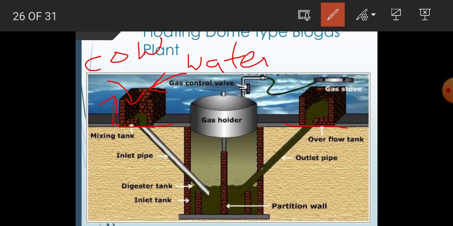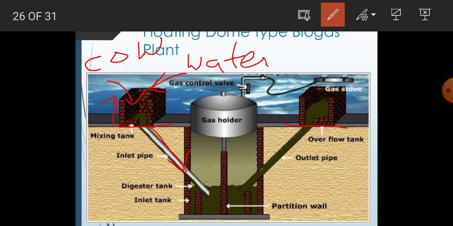After mixing, it flows to the digester tank with the help of the inlet pipe.